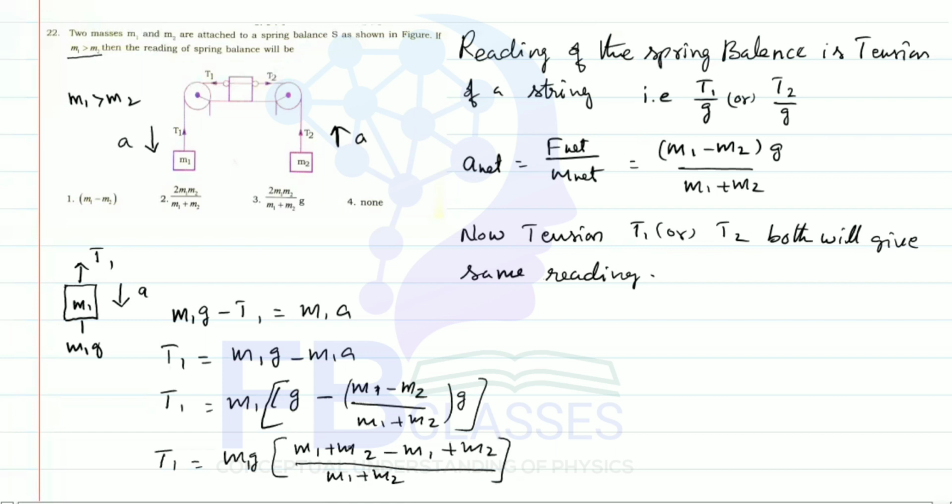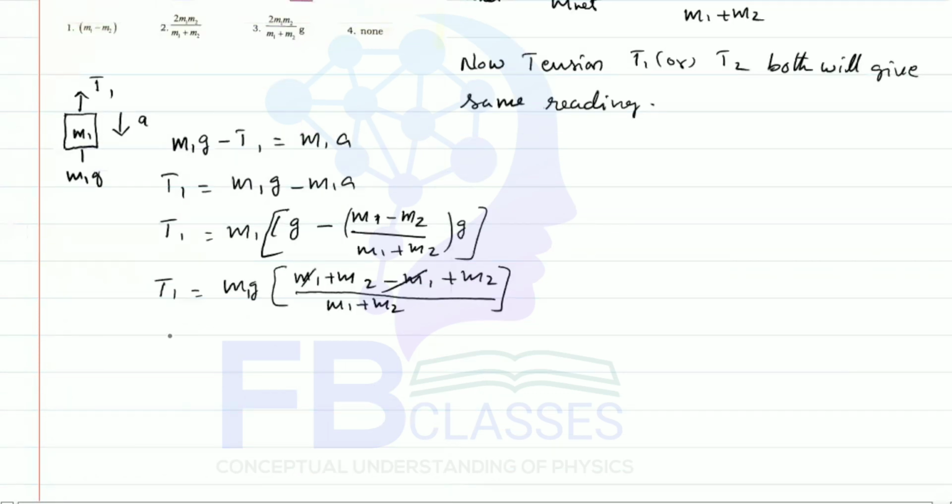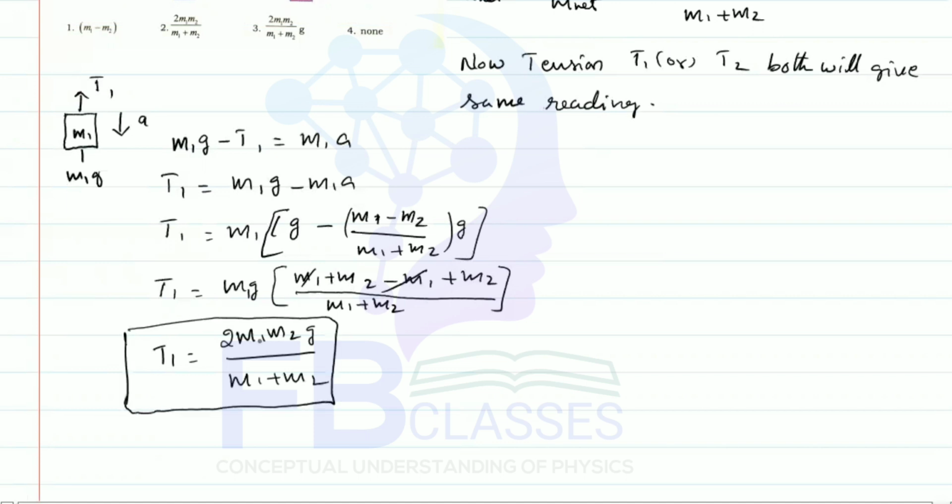Already g is taken common. So m1 minus m1 gets cancelled. The remaining thing is T1 is equal to 2 m1 m2 g upon m1 plus m2. So this is the tension T1.